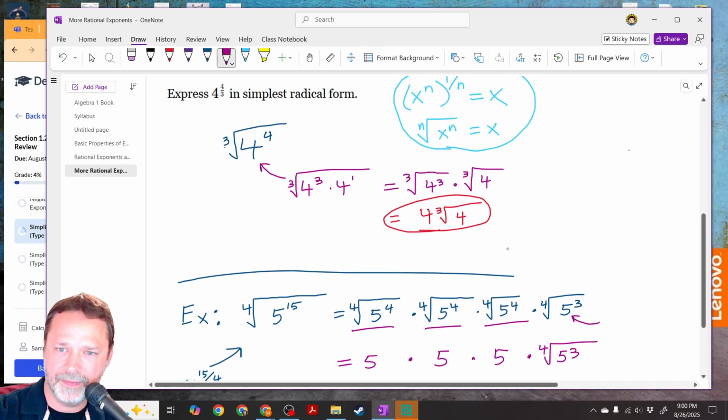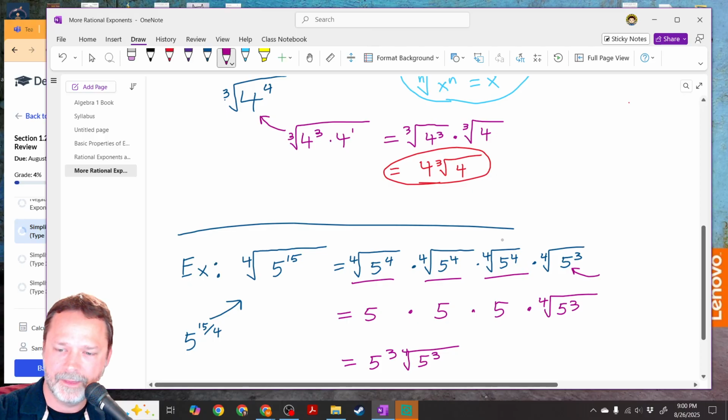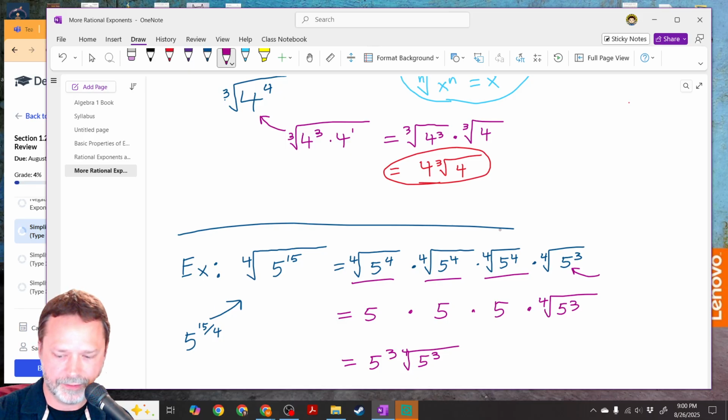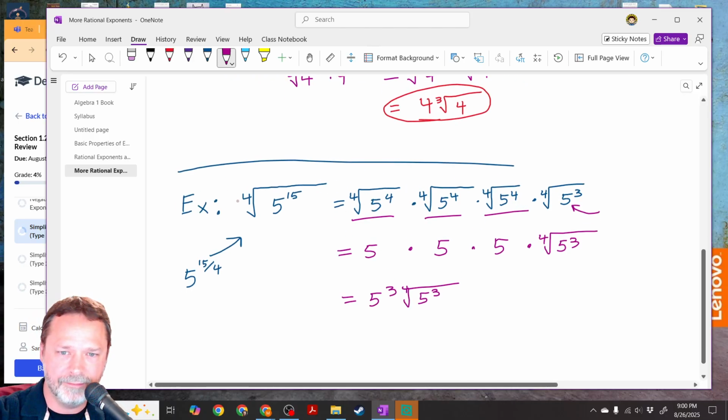Okay, so there's a reason I wanted to show you this. These two examples will show you the shortcut. There's a shortcut for doing this. When you're doing these by hand, there's a trick. The whole idea is I'm going to get groups of 4, and I have 15 of them. How many are there?